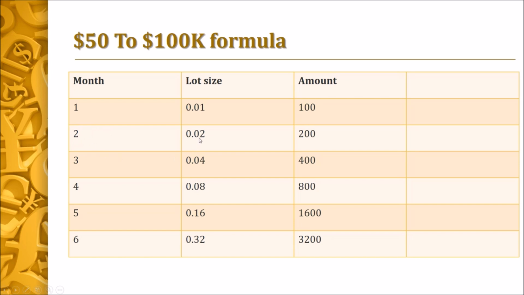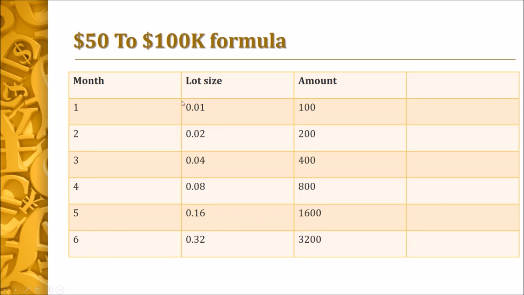In our second month, we'll start with 0.02 and multiplied by 500 pips, our monthly target, we'll get another $100, and adding that $100 to the initial $100, we'll get $200. And as you can see, the game begins to roll like a snowball. From $100, in the first 6 months, you'll be at 3,200.